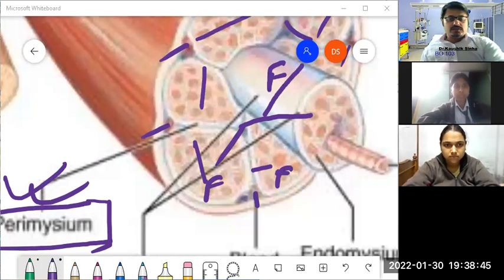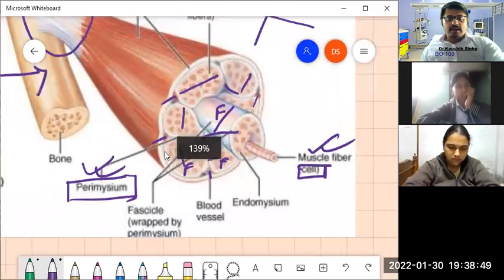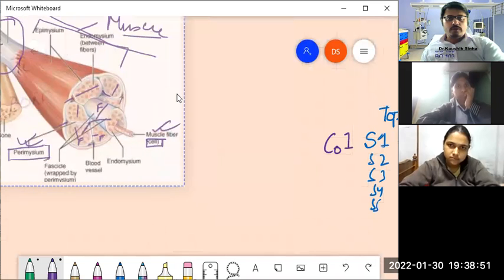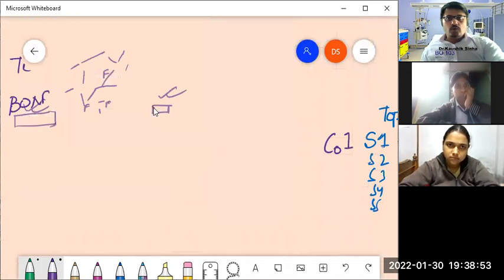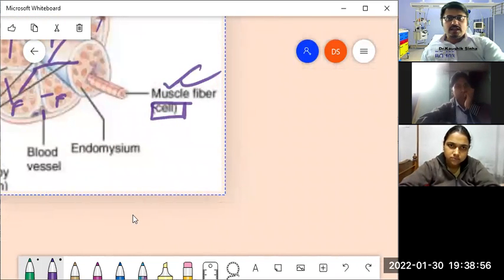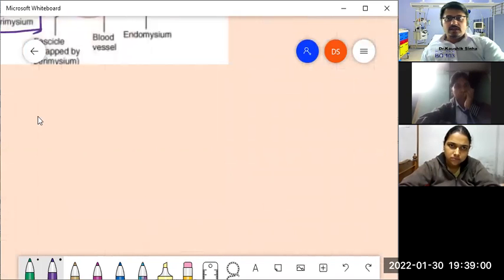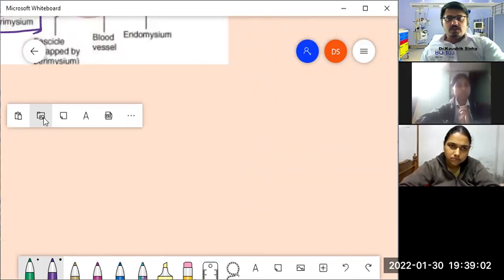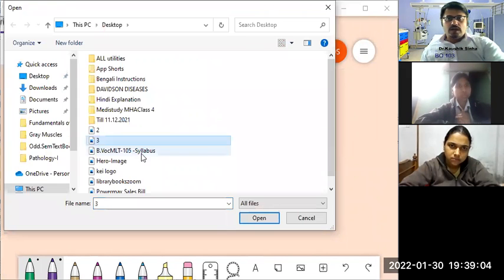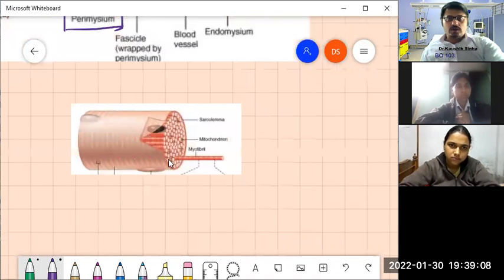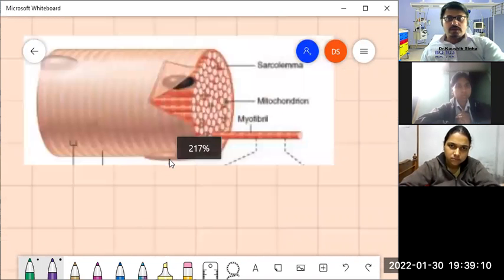Okay, so let me again bring on the board the diagram of the sarcomere. What are we following in this diagram? We are following this cell. If you follow this cell, what you will get is small units placed one after another, and those units are known as sarcomeres. So what you can now see is a sarcomere.